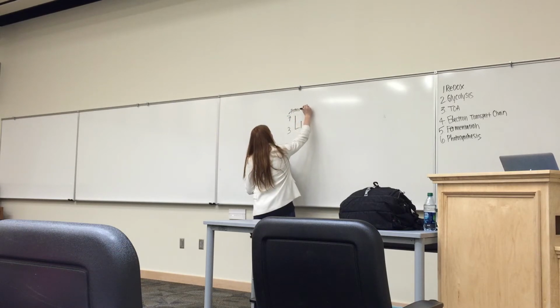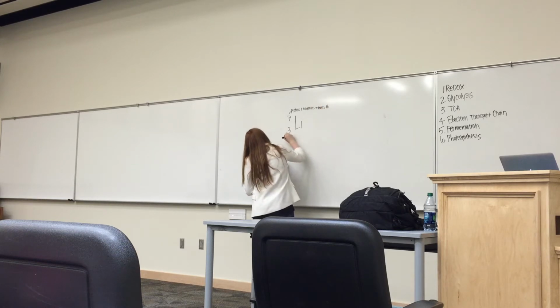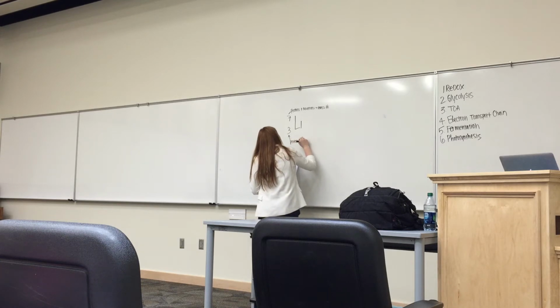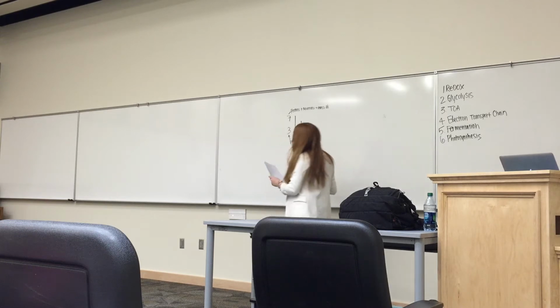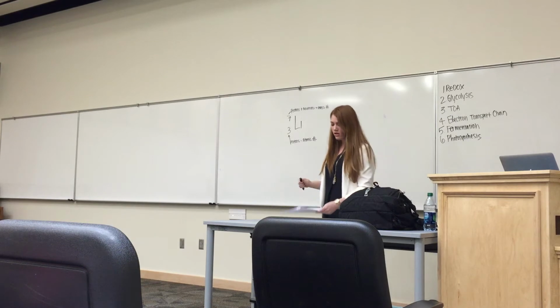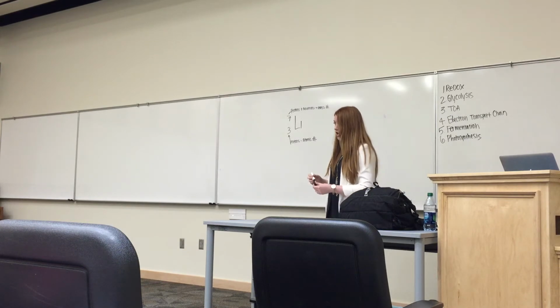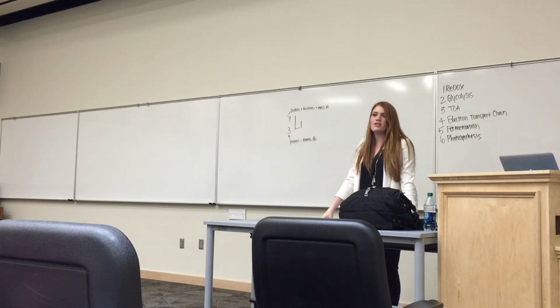So what is this called? Yes, good. And what would this be called? Yeah, awesome. When we're talking about stability of an atom, what do we usually use to measure stability?